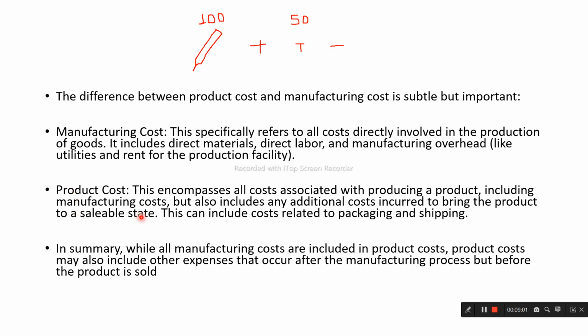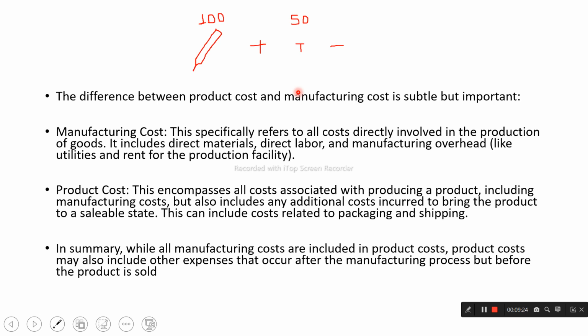This means 150 is the product cost, because this transportation cost is also allocated to the product cost under the IFRS rule. However, manufacturing cost is the cost I used to manufacture this pen, which remains $100.